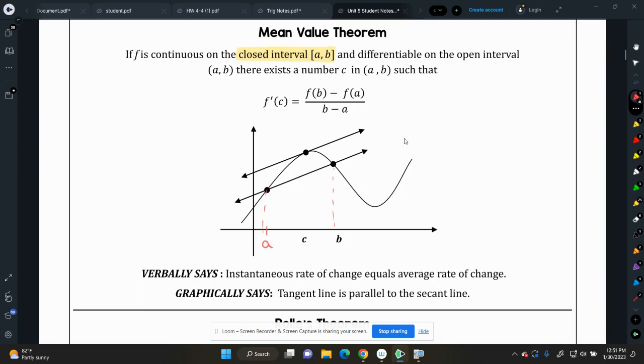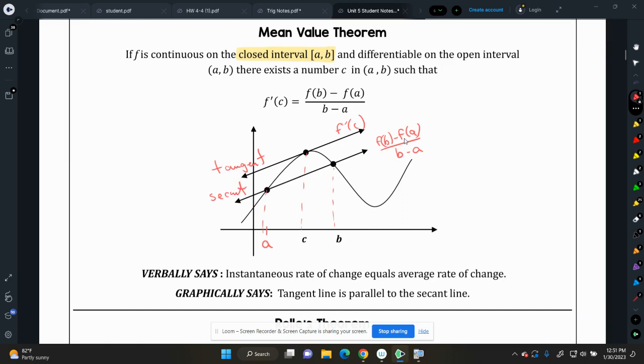There exists a number c such that f prime of c, so this is the slope of the tangent line, is equal to the average rate of change, which is right here, f of b minus f of a over b minus a, right? This is our tangent line, and this is our secant line.